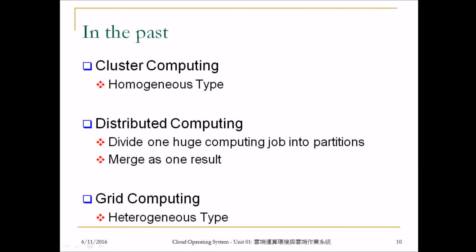Here, we give a short summary. In the past, computer science researchers already proposed cluster computing by integrating and connecting homogeneous physical computers. The idle computing resource can be used for cloud computing or job computing.